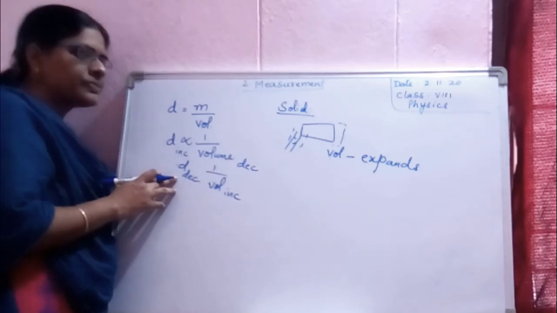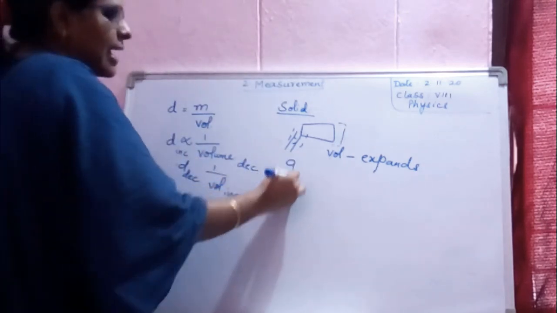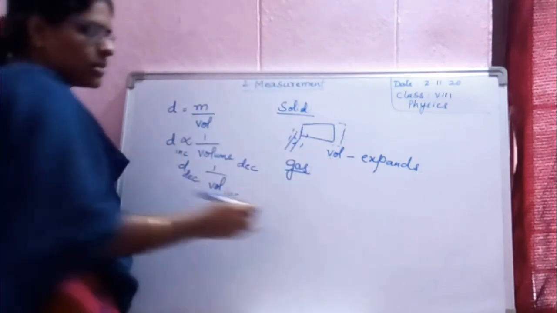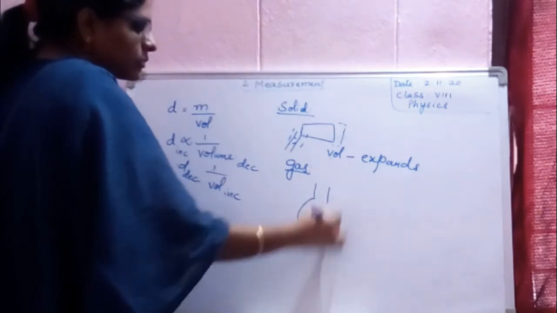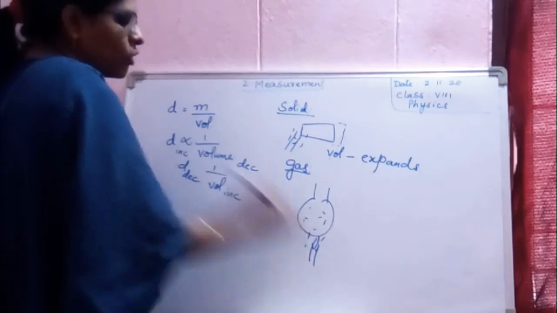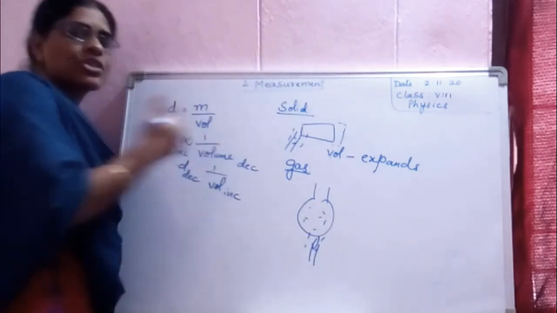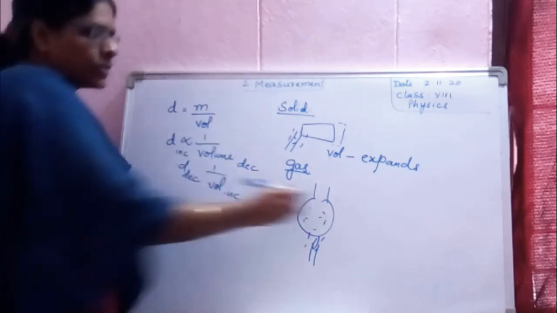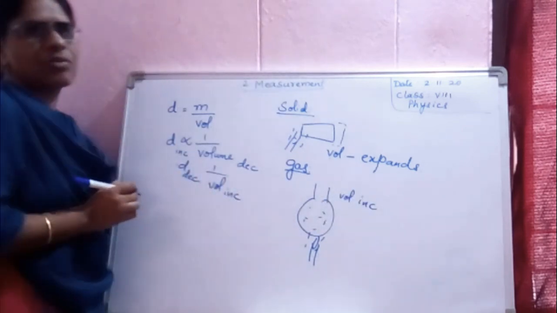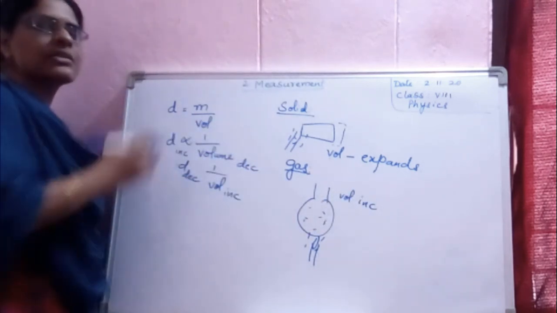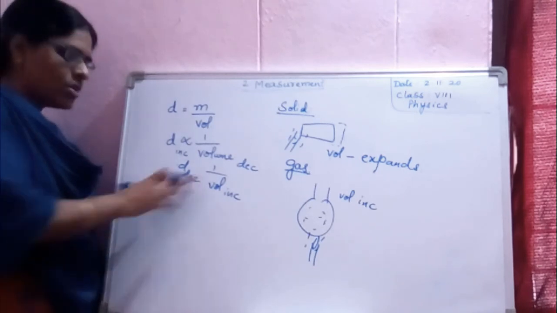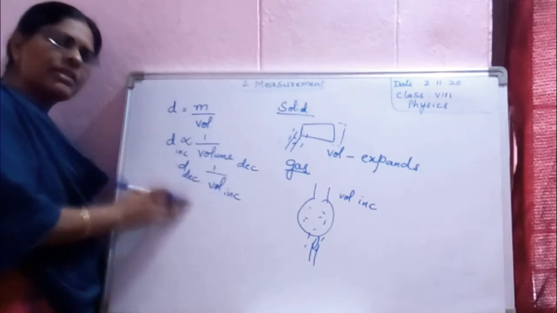Okay? Now let us consider a gas, another state of matter. I have taken a gas in a flask, supplying a certain amount of heat. What happens to its volume? Volume will increase. Yes or no? Volume increases. What happens to my density? Decreases. Volume increases, density decreases.